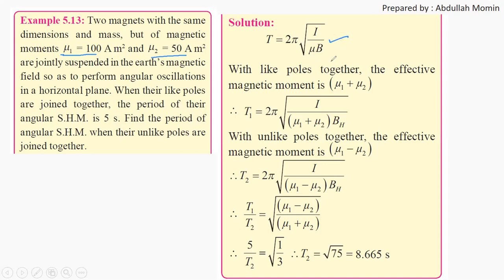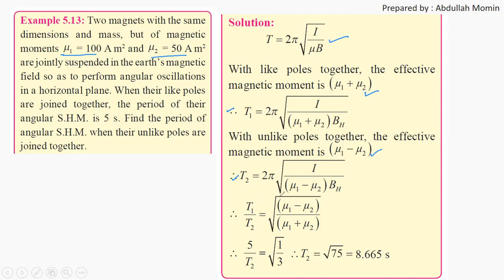We know that the time period of a bar magnet oscillating in a magnetic field is T equal to 2 pi root I by mu B. With like poles together, the effective magnetic moment is mu1 plus mu2. With unlike poles together, the effective magnetic moment is mu1 minus mu2. So this is T1 and T2.